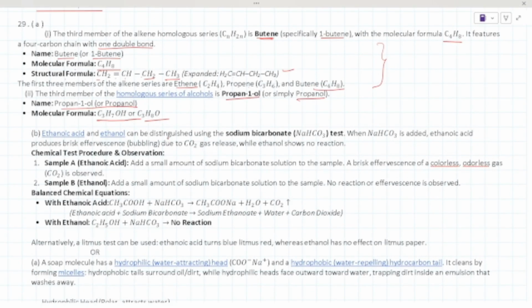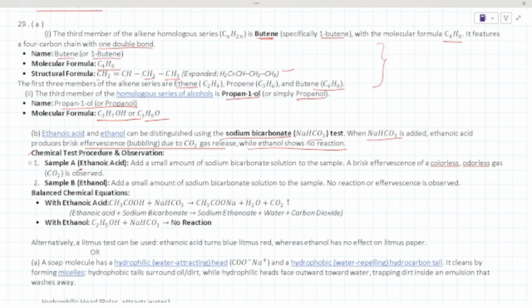Ethanoic acid and ethanol can be distinguished using sodium bicarbonate, NaHCO3. When NaHCO3 is added to ethanoic acid, there is effervescence, bubbling due to CO2 gas release, while ethanol does not react.